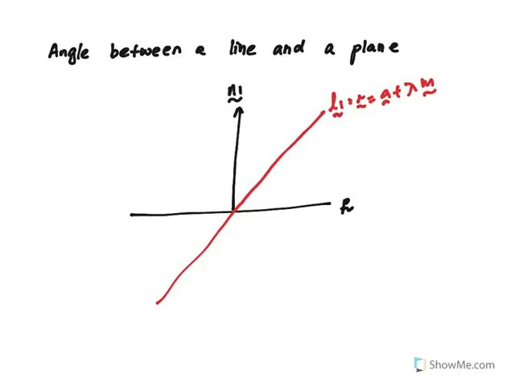So very quickly you can see that the angle between the line and the plane is over here, this theta. And since the normal is perpendicular to the plane, we can also assume that this is actually 90 minus theta.